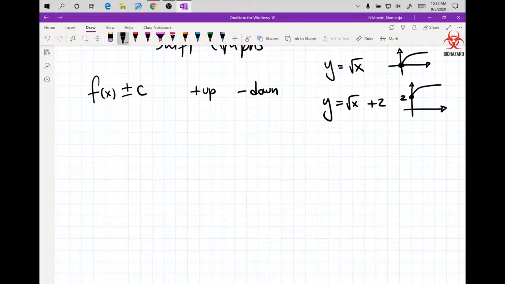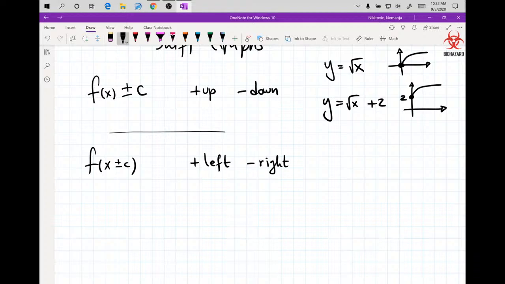You can also shift the functions left and right. That will be done directly on x. So plus will move it left, and minus will move it right. So y equals root x will be still the same graph we know.